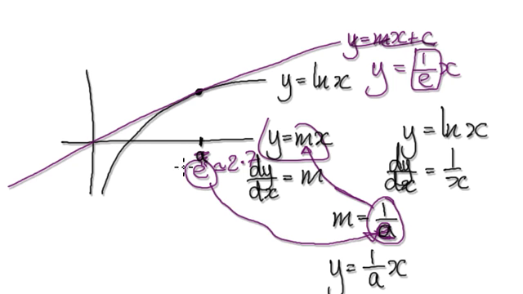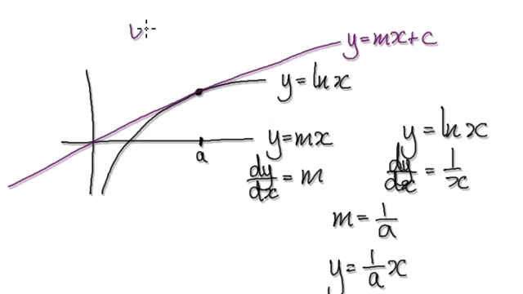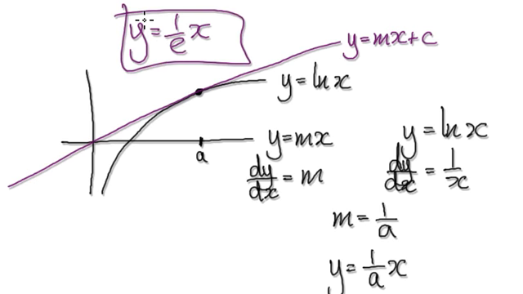Well, if you get a graph plotter and plot natural log of x, and then for the second graph plot 1 over e times x, you will get a straight line that will touch it just once. Okay, so our final answer is y equals 1 over e x. This is our final answer.